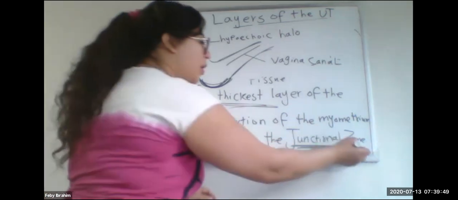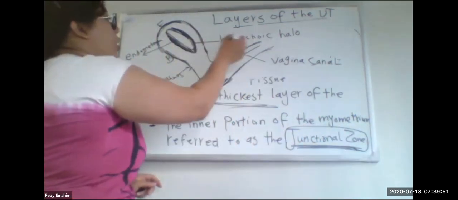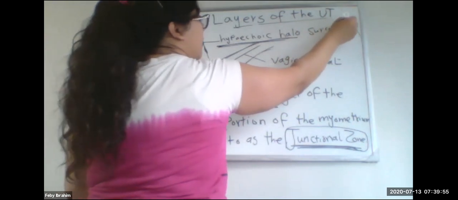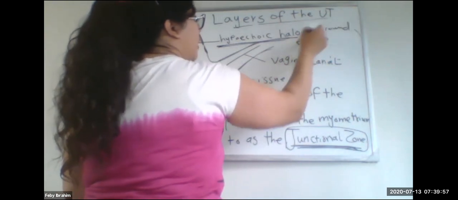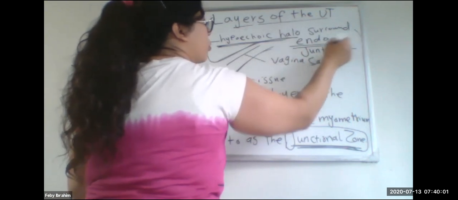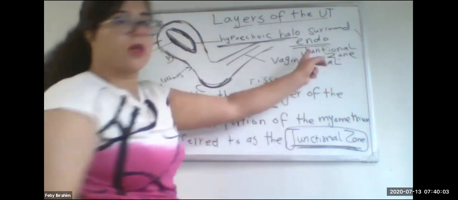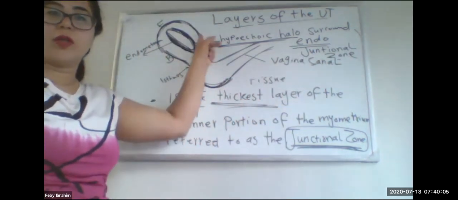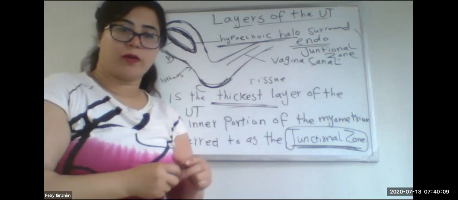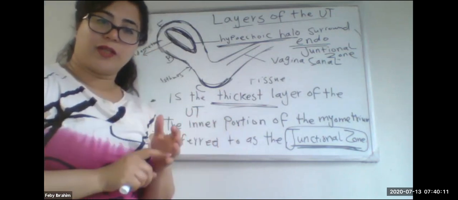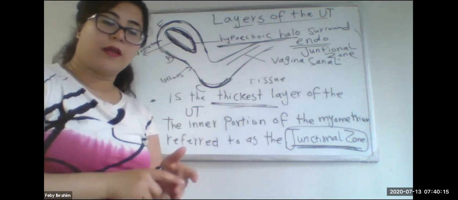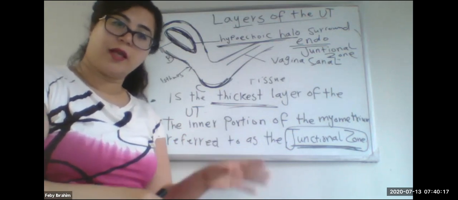So this hypoechoic halo that surrounds the endometrium is called the junctional zone. So we have the perimetrium, we have the myometrium, and then the inner layer is the endometrium.